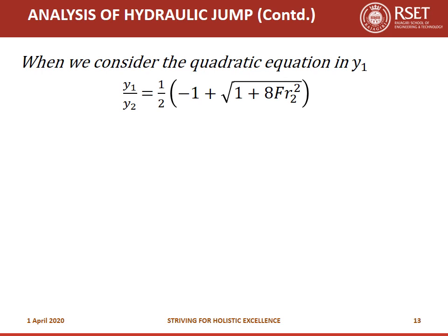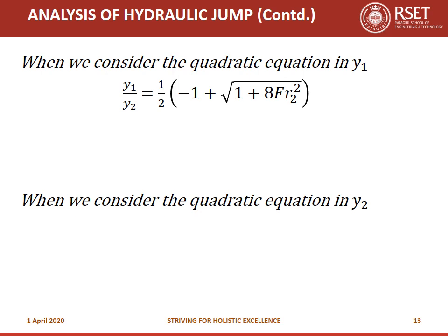If we consider it as a quadratic in y2, instead of getting y1 by y2, we will get y2 by y1 is equal to half into minus 1 plus root of 1 plus 8 Fr1 squared. So you can see here that if the denominator has subscript 2, then the Froude number will also have the subscript 2, whereas if the denominator is y1, then the Froude number would be Fr1.